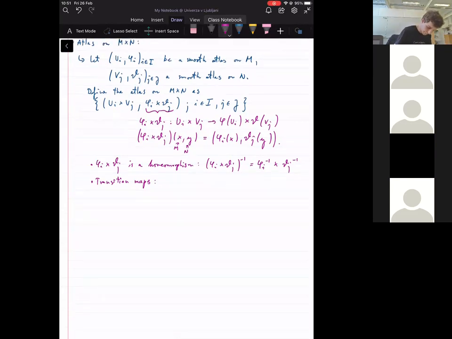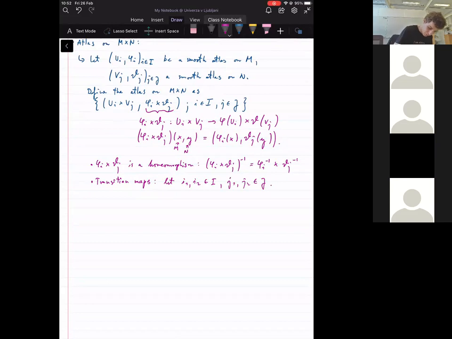So we pick four indices, two from each index set.